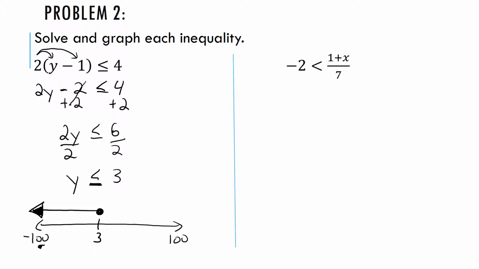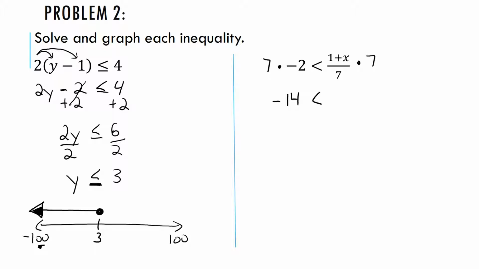For the problem on the right, I'm going to do the same thing. But this time, we have a fraction. And if you have a fraction, multiply everything by the denominator. So we're going to times 7 here, and we're going to times 7 there. 7 times -2 gives me -14.